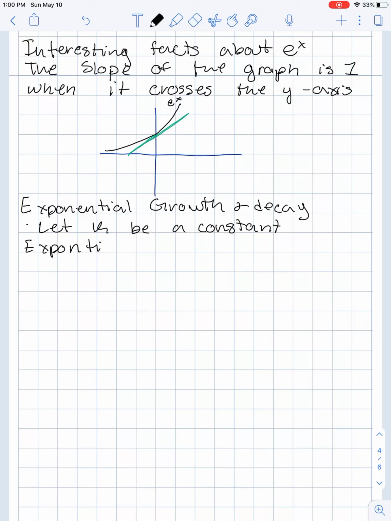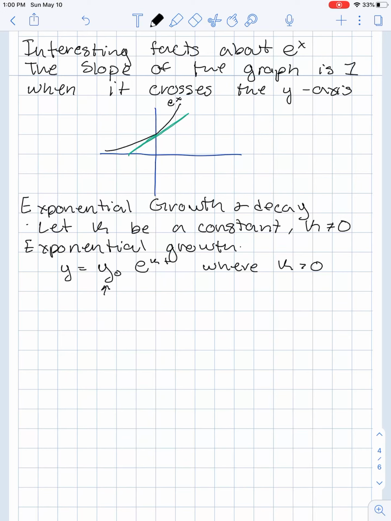In exponential growth, we'll have y equals y naught e to the kt, where k is a positive number.